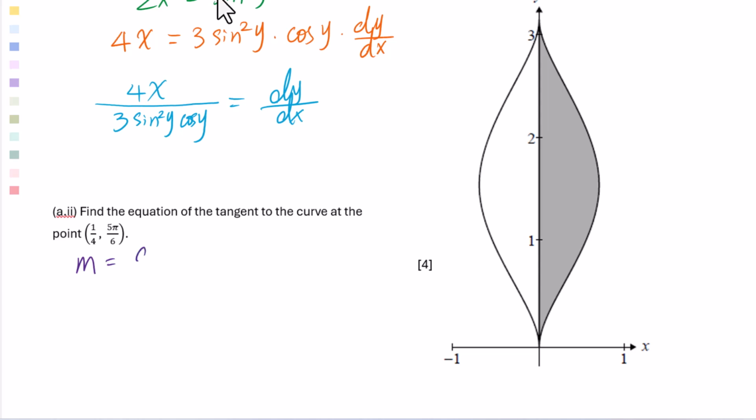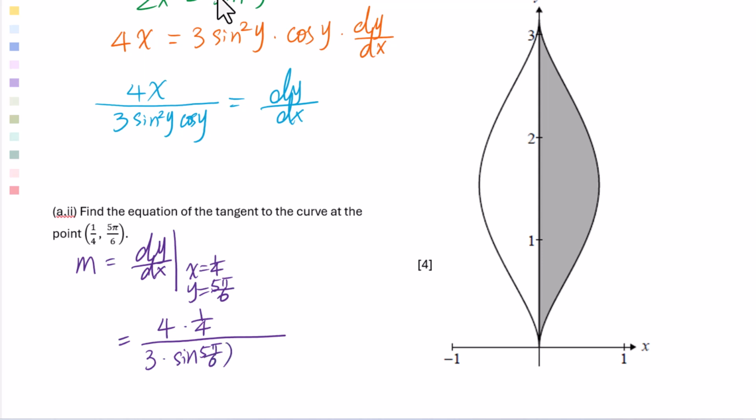Slope equals dy/dx, evaluated when x equals 1 over 4, y equals 5 pi over 6, equals 4 times 1 over 4 over 3 times sine 5 pi over 6 squared times cosine 5 pi over 6.